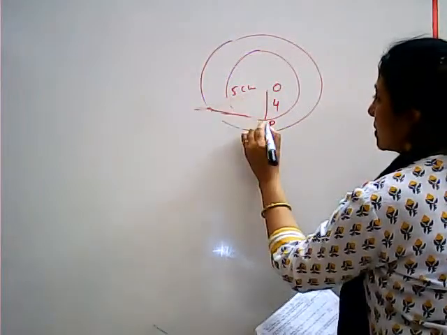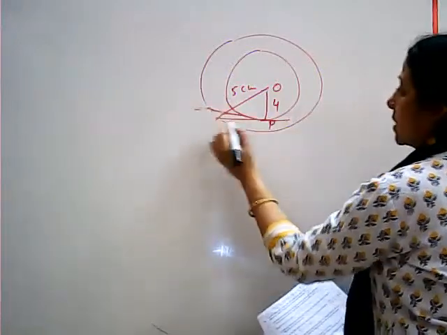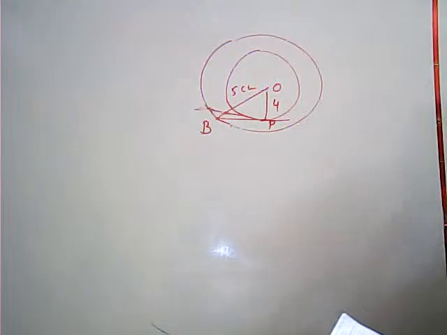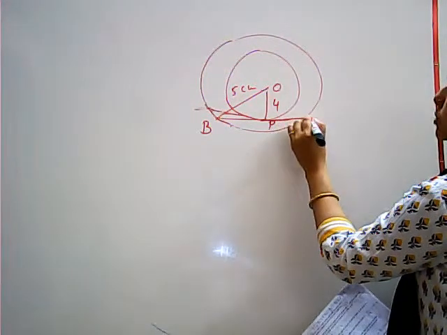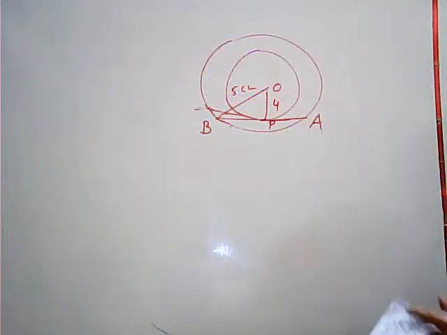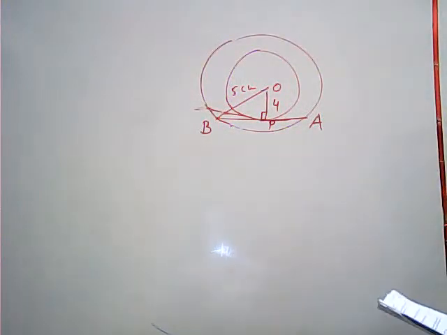We draw it again. So the radius of the bigger circle is 5 and the radius of the smaller circle is 4. OP is the perpendicular. Okay, so you have to find the value of AB.